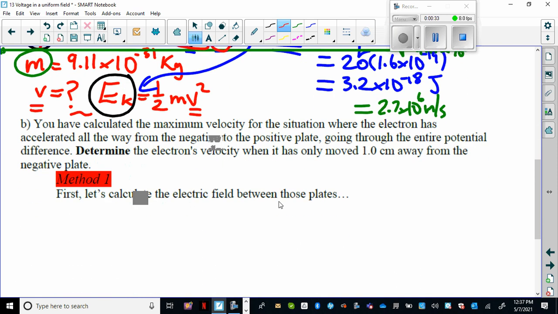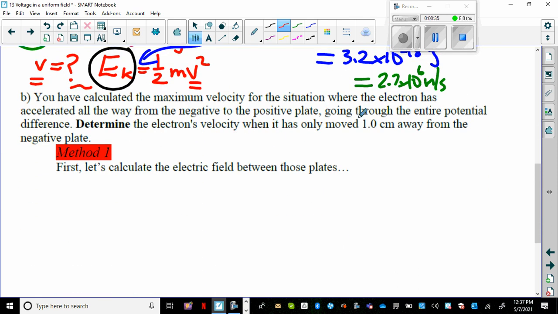Now, in this next example, we're going to calculate the velocity when it has only moved through 1 centimeter of the plates. The plates are 4 centimeters apart, and we want to calculate the velocity when it has only moved 1.